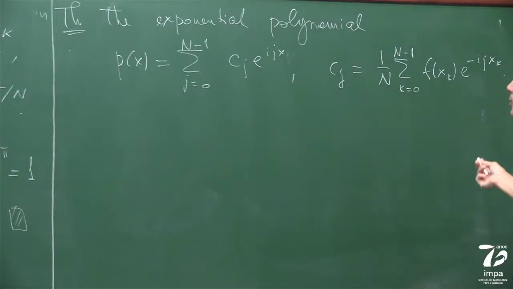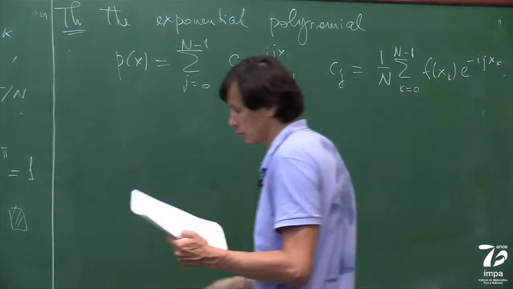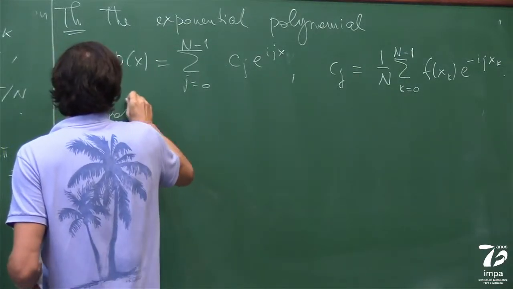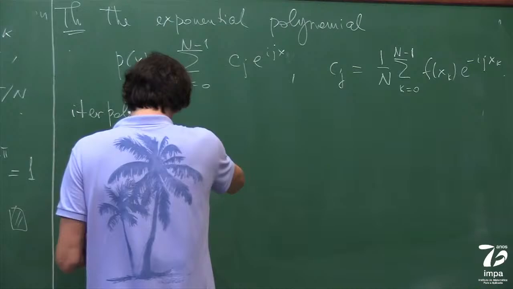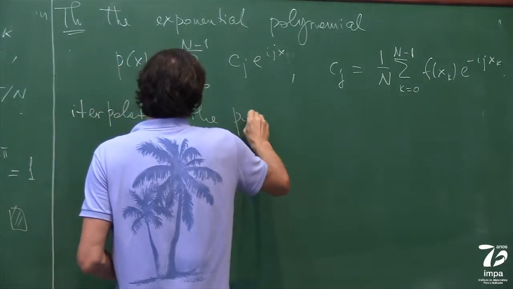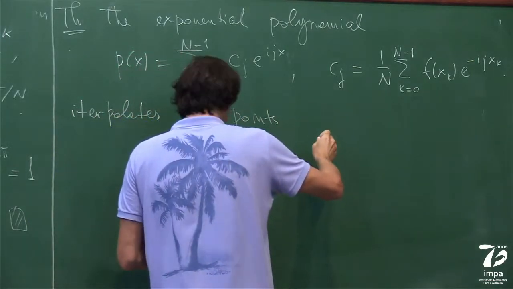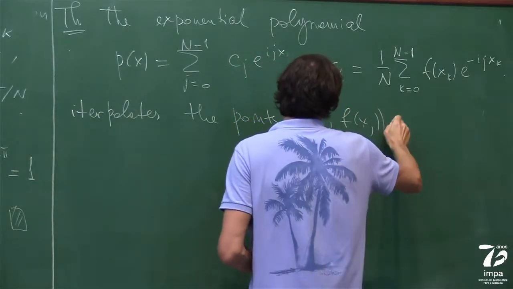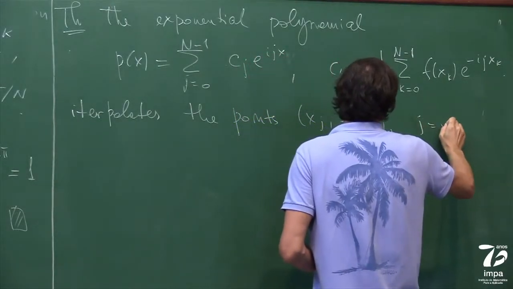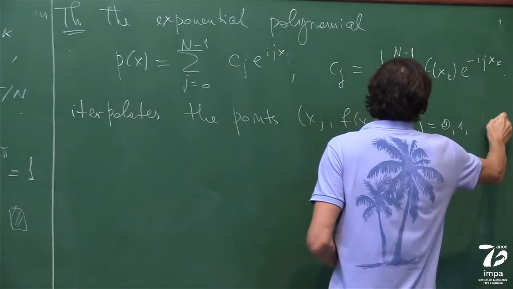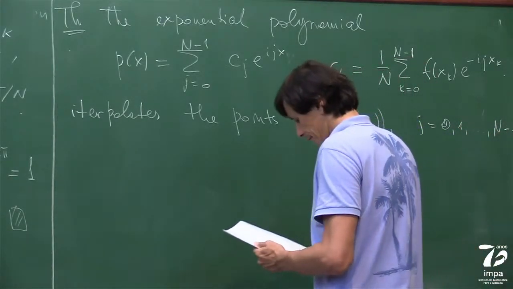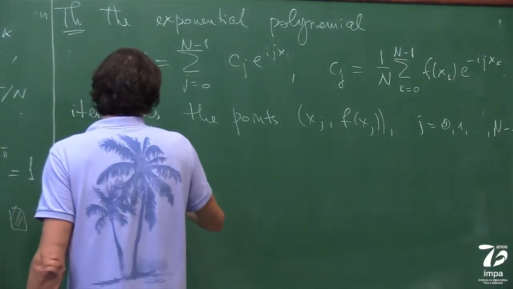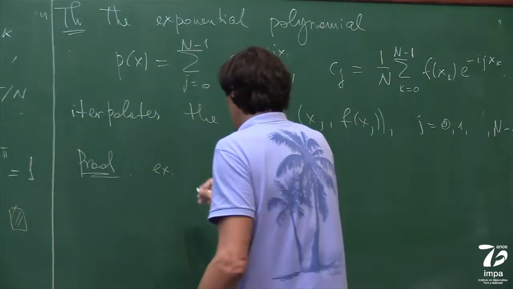So this is an interpolation polynomial, and it interpolates the given points. So the proof, I leave it to you as an exercise.